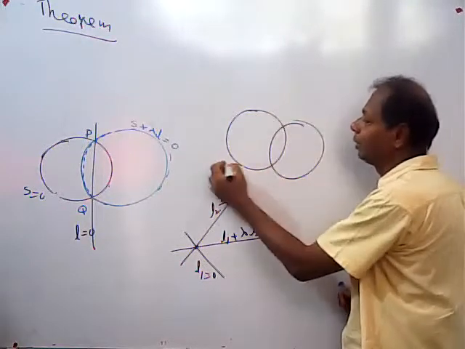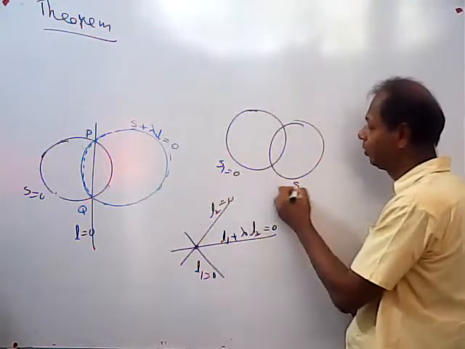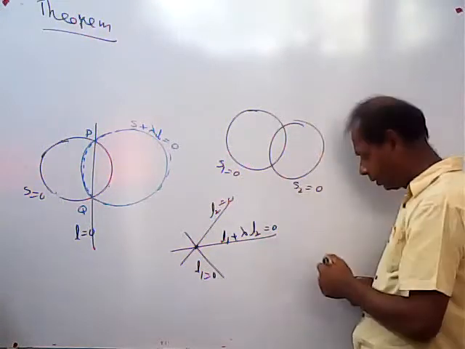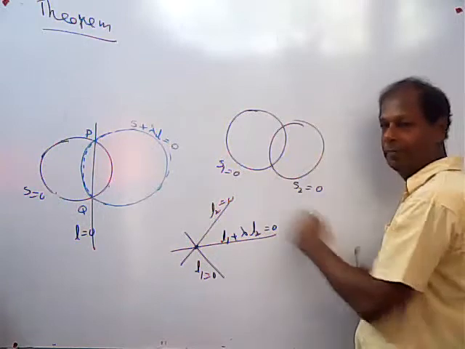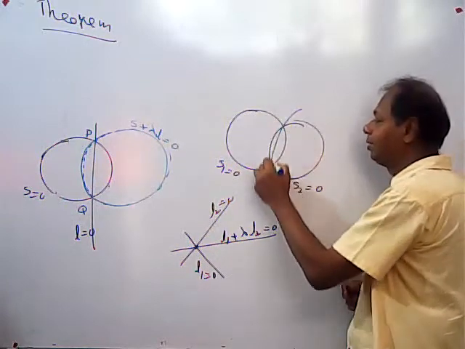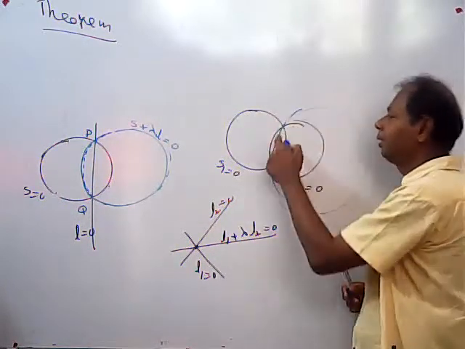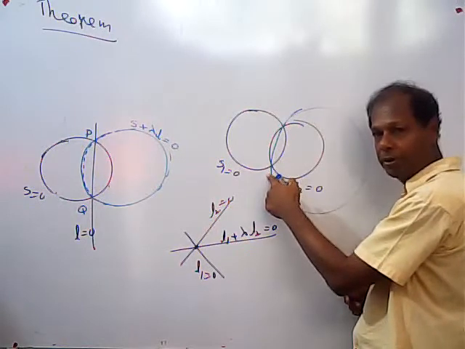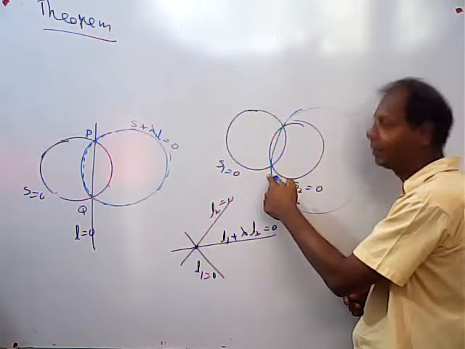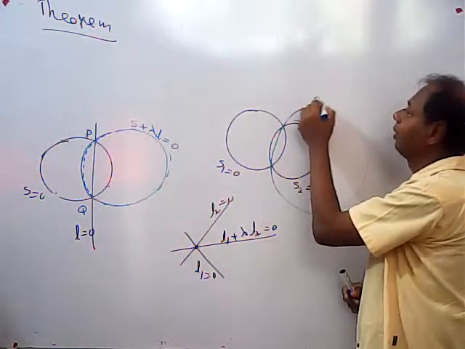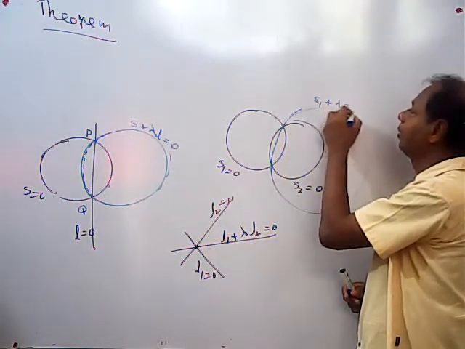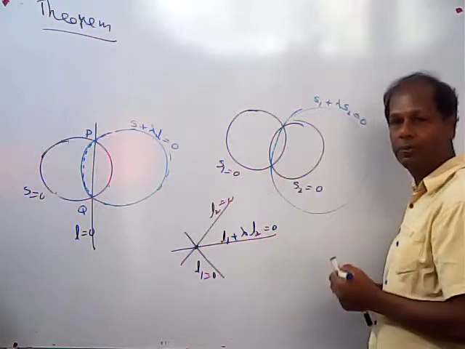Later on in the same section on circles, you will see another theorem. Given two intersecting circles, S1 equals 0 and S2 equals 0, any circle that passes through the two points of intersection can be written in the form S1 plus lambda S2 equals 0.